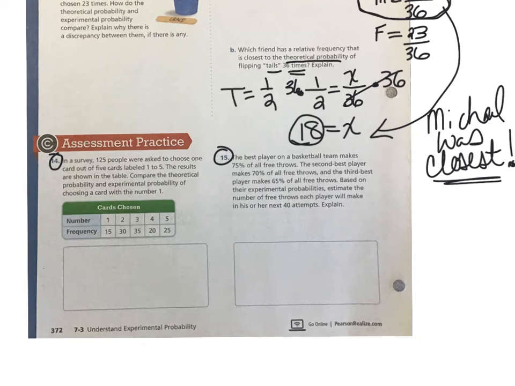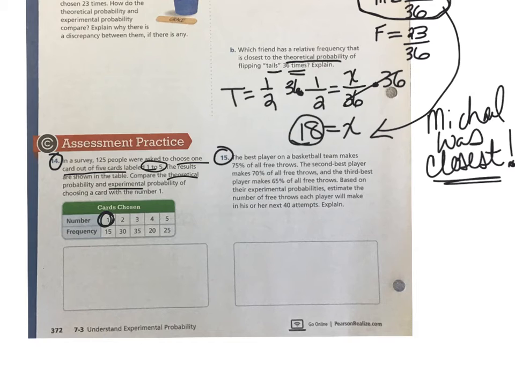Number 14. In a survey, 125 people were asked to choose one card out of 5 cards labeled 1 to 5. The results are shown in the table. Compare theoretical probability and experimental probability of choosing a card with the number 1. Well, let's first take a look at your theoretical probability.